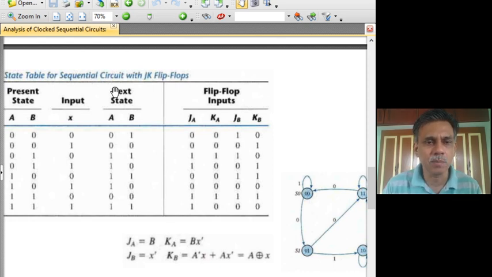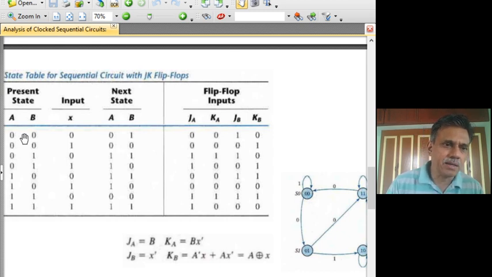There are three input variables that decide the way this finite state machine evolves. They are the present state variables and the input, that is A, B and X. So we have come up with a truth table with 8 rows with A, B and X changing in all possible manners.